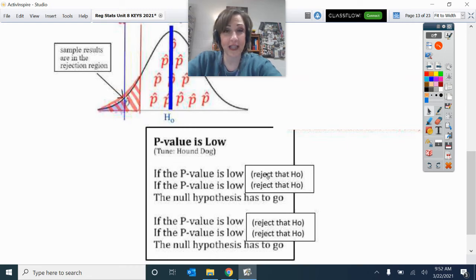Now, some people like to say, reject that ho. And we do not say ho and ha. We say HO for the null hypothesis or HA for the alternative. But I realize that to some of you, it might be fun to belt out, reject that ho. So if you learn nothing else in statistics this year, hopefully you'll learn how to reject that ho. All right, so if the p-value is low, we're going to reject HO, and that null hypothesis has to go.